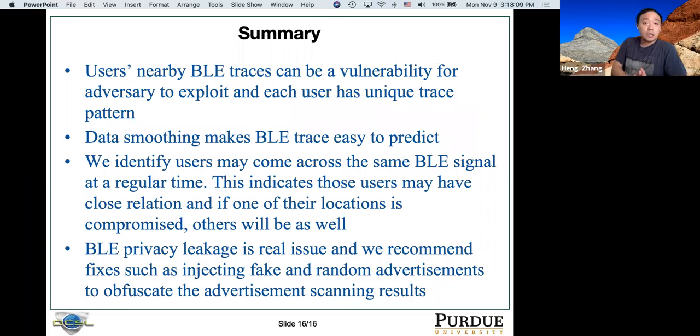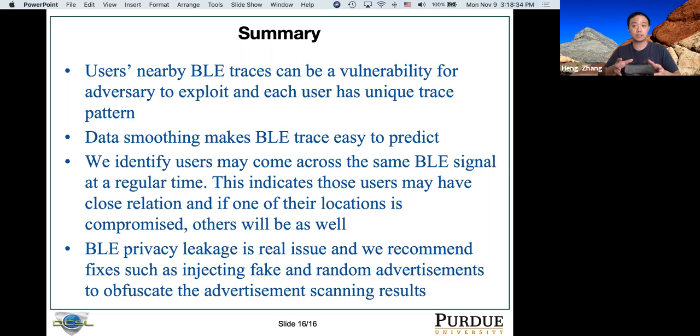So in summary, we identified the following things. The user's neighboring BLE trace can be a vulnerability point for the adversary to exploit. Each user has a unique trace pattern because users have different schedules. And data smoothing techniques make the prediction easier to do. In our experiment, we also identify users who may come across the same BLE signal.